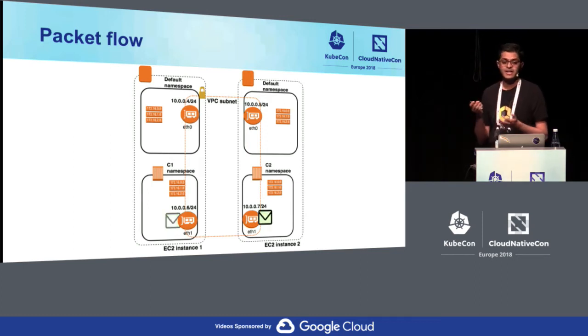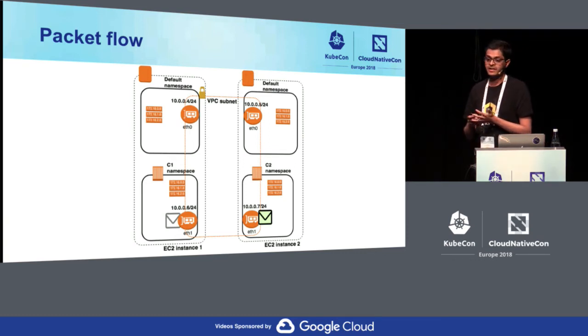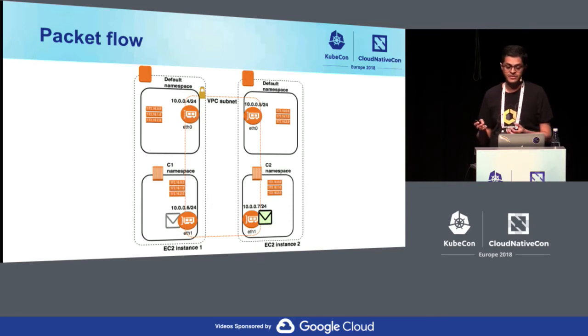It knows container 2's IP address. This IP address is natively addressable within the VPC. And the packet just ends up on the other container. So no extra hops, no performance penalty. You can enforce security group rules. So you can actually enforce firewall rules at a network administrator layer rather than at an application layer. There's no additional state for us to maintain because VPC does all of the IP address management. So overall, it turns out to be a pretty simple solution for our customers to use.